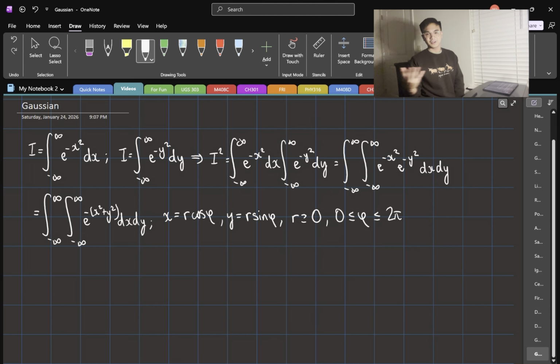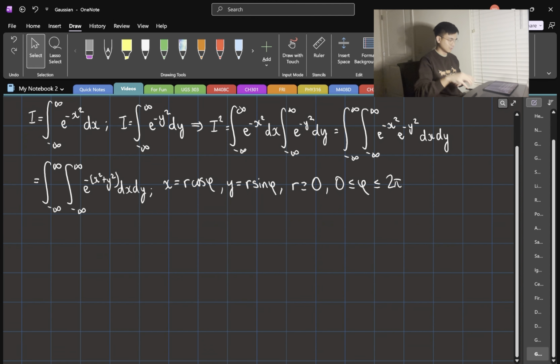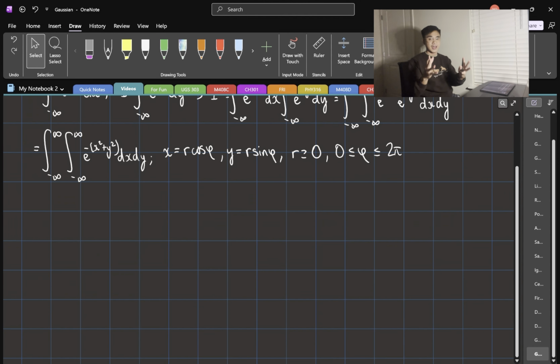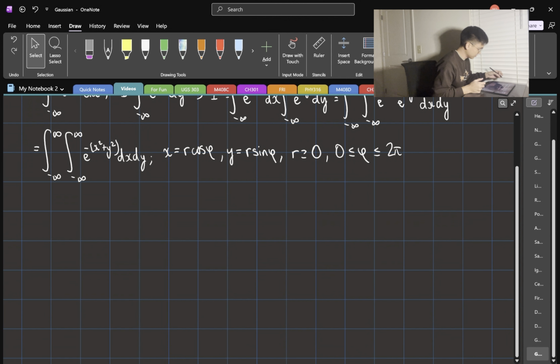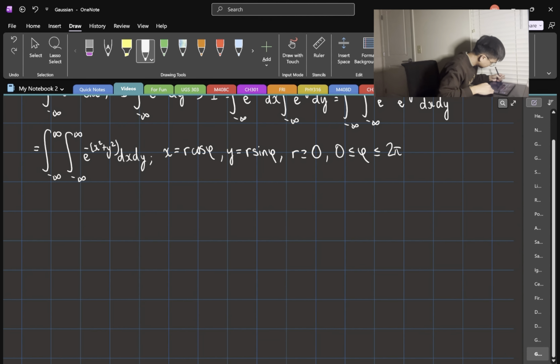Okay, so now you understand why I chose y, because I wanted to be very suggestive when I perform this transformation. It's going to make a little bit more sense that, okay, we're transforming to a polar coordinate system. So why did I do that? Check this out. So first thing I want you to notice, if I do x squared plus y squared using our new variables, this is r squared cosine squared of phi plus r squared sine squared of phi.